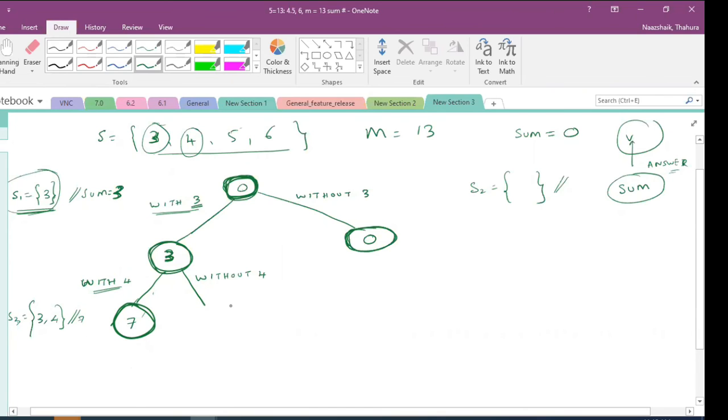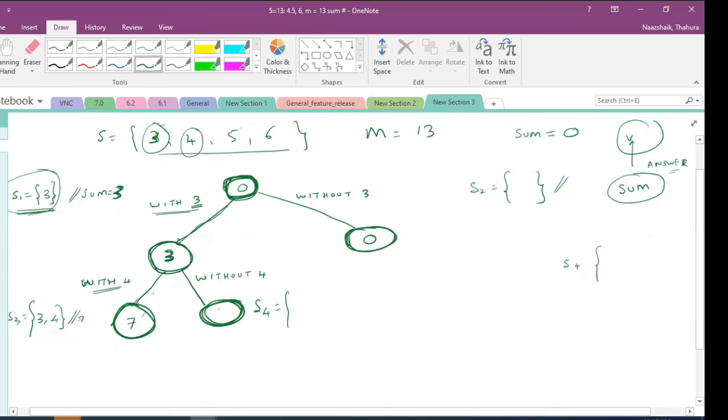When you go without 4, you're building some kind of subset. At this point, if you write this subset, what and all does it have? Only 3. How did you reach here?